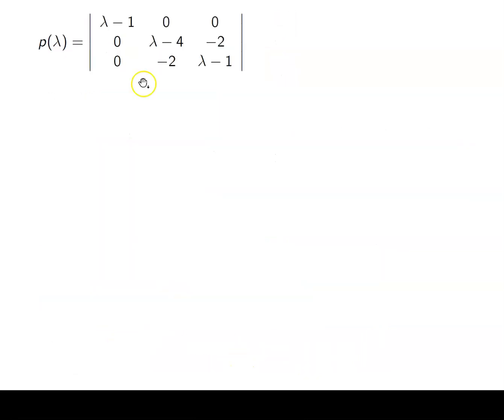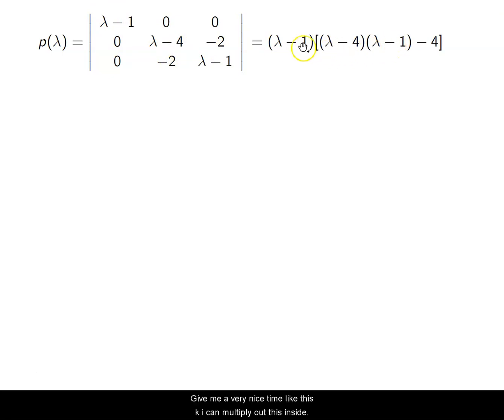So here, I start to find my characteristic polynomial by doing the determinant of lambda I minus A. Very straightforward. You see that there's a lot of zeros here, so I'll just do lambda minus 1 times this determinant, which gives me a very nice term like this.